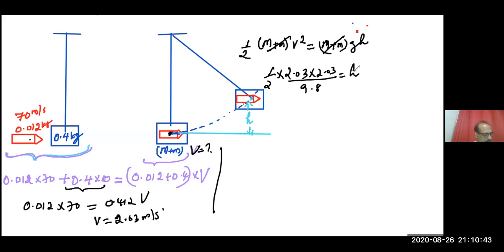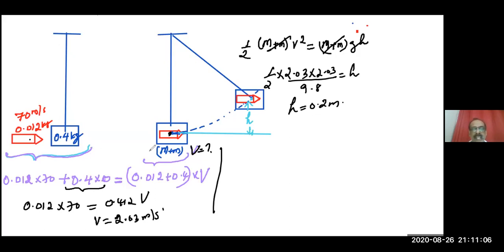So 0.2 meters. 0.2 meters, correct. h is equal to 0.2 meter. Any doubt? No, sir.